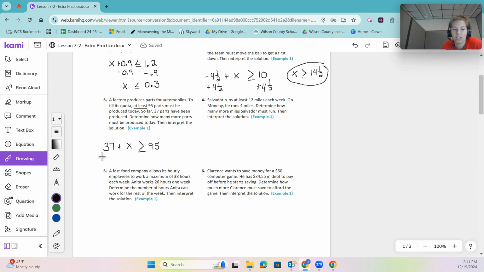So we're going to subtract 37 from both sides, inverse operations. And 95 minus 37 gives x is greater than or equal to 58 parts. So they need 58 more parts. There are several more like this that you can try on your own here.